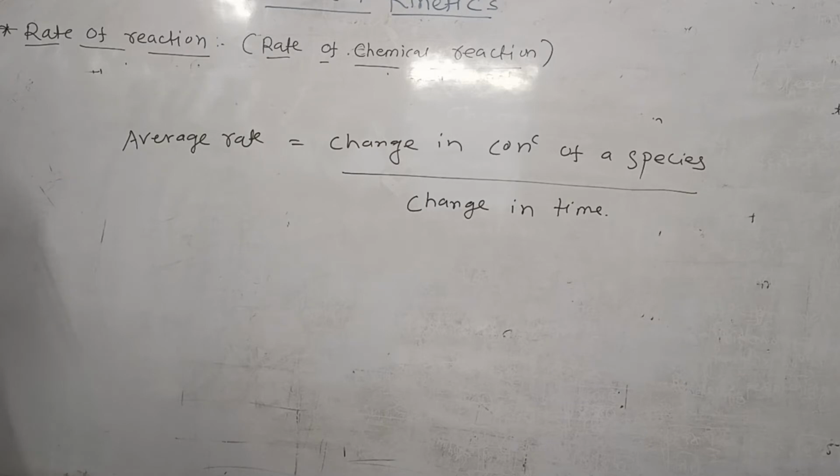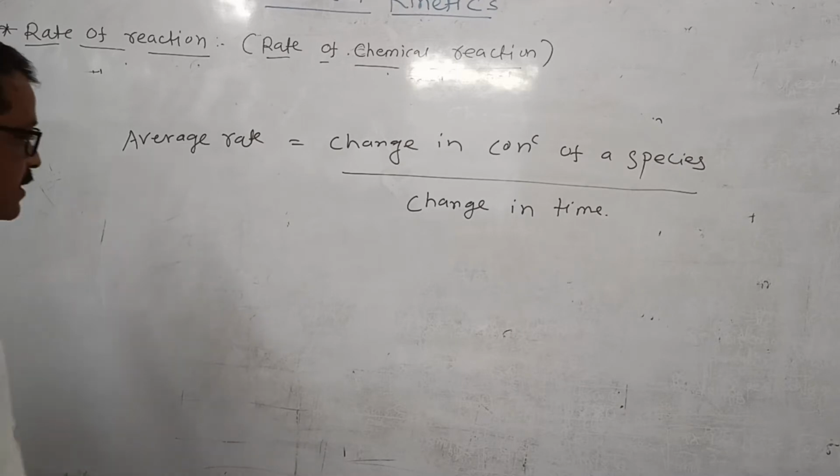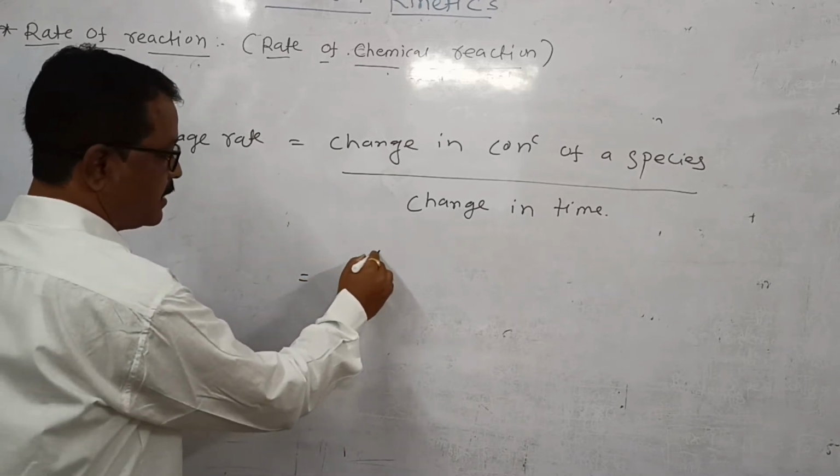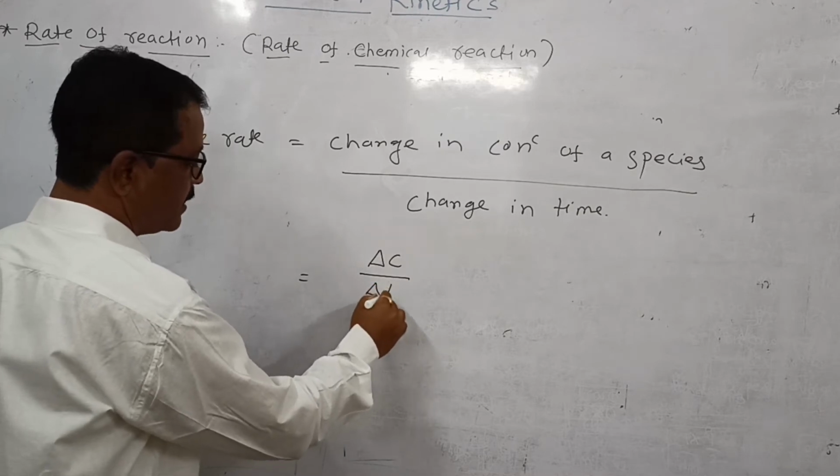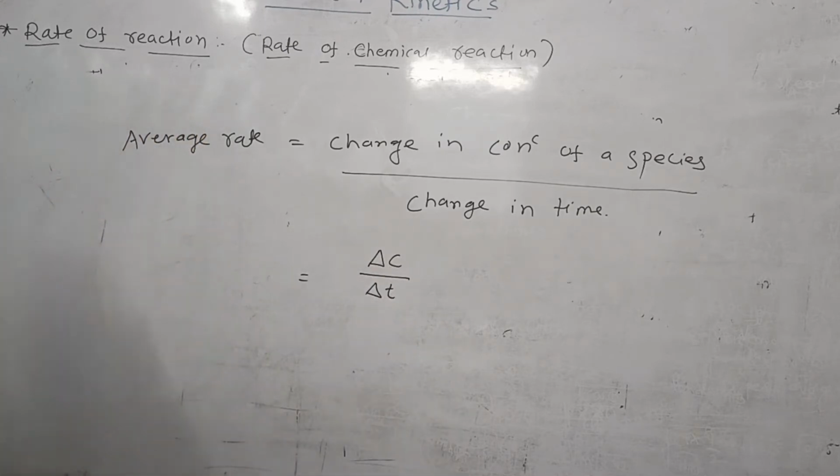Average rate is equal to the change in concentration of species upon the change in time. It means delta C upon delta T.